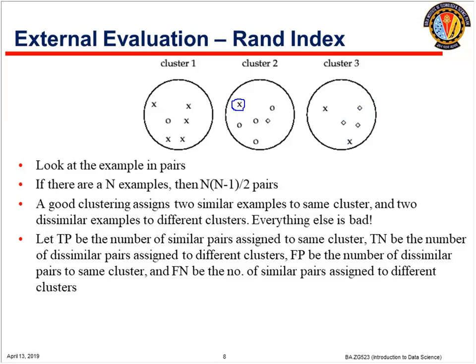With this particular example X, this label X. And then how many dissimilar pairs can you make with any of the O's that you have not already calculated with X? So that is 4 more, right? So 5 plus 4 is 9.